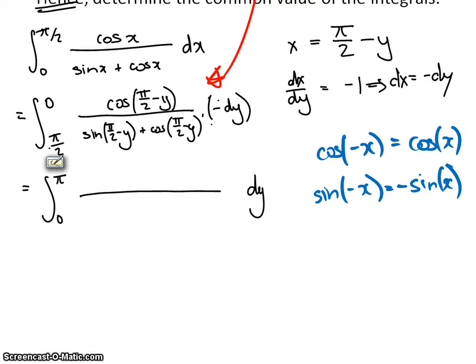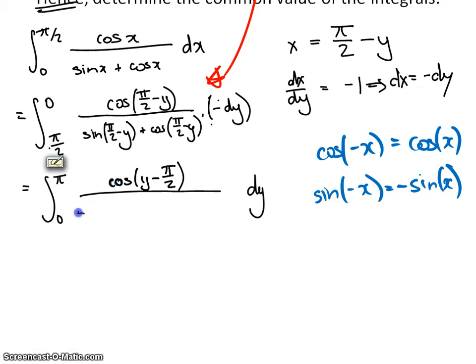Now, basically, I'm going to write this as cosine of y minus pi upon 2. And I can do this because plus or minus 1 doesn't make a difference to the cosine function.